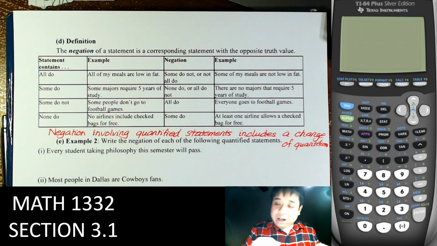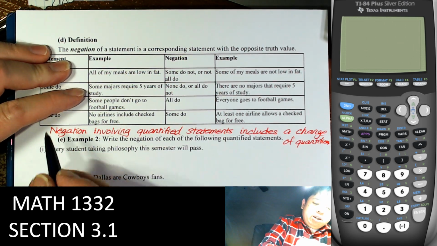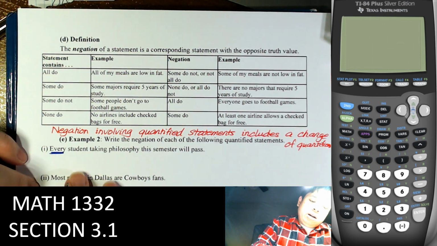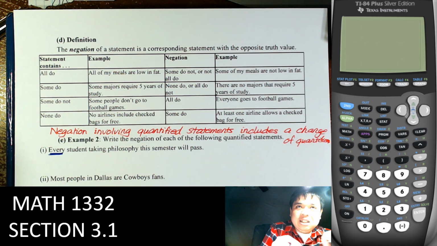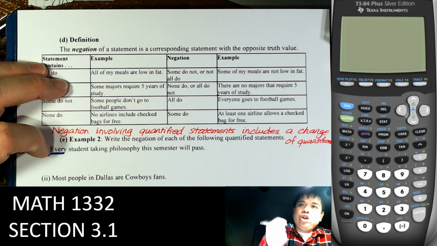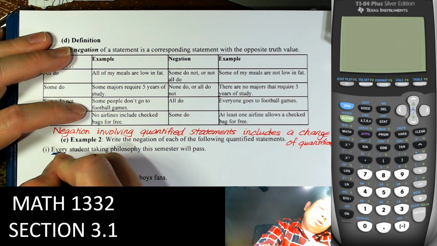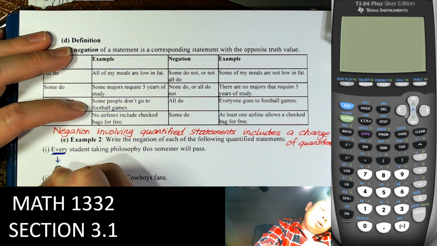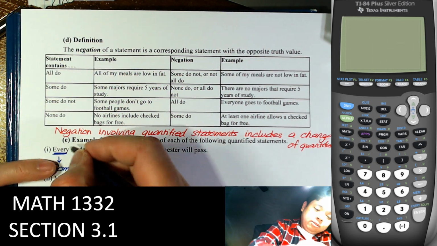So let's look at one example. Every student taking philosophy this semester will pass. We have "every" here, which is universal. If you want to negate it, the first thing we do, of course, is change the quantifier. The second thing is we negate the rest. So "every", the universal, we now change to existential: "some", or "at least one".